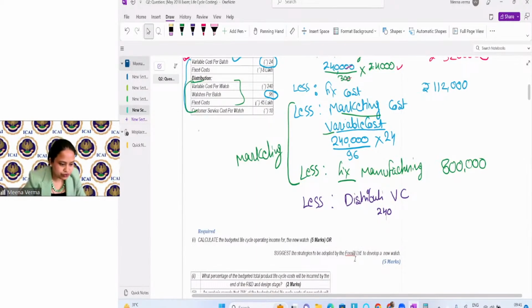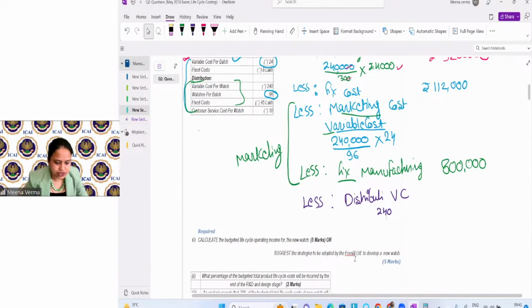So the variable cost per watch is 240 for distribution, 240 into 240. This is the variable distribution cost.